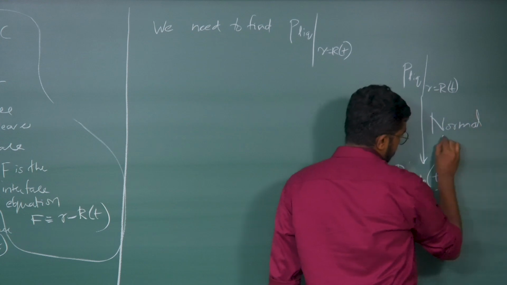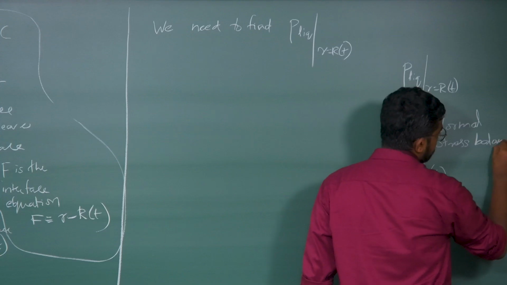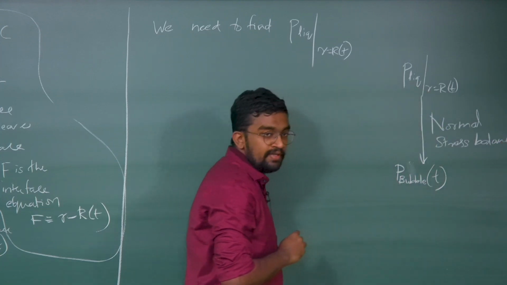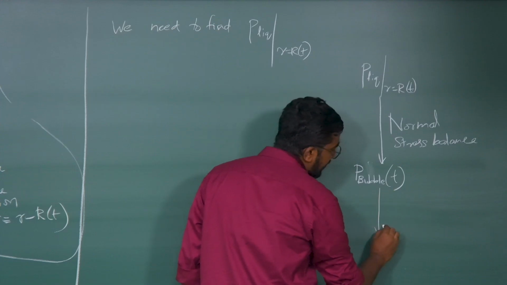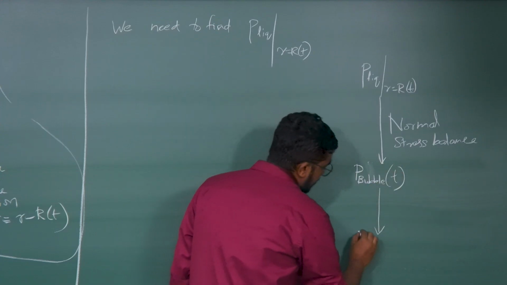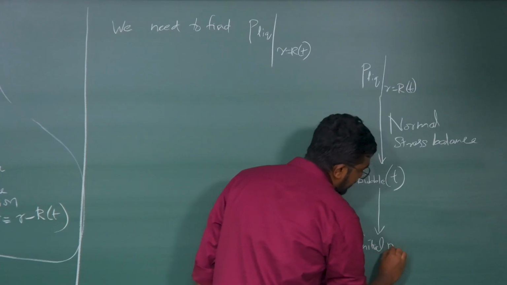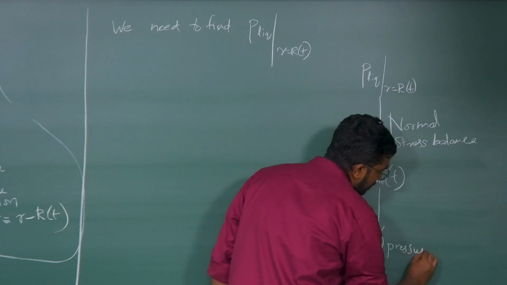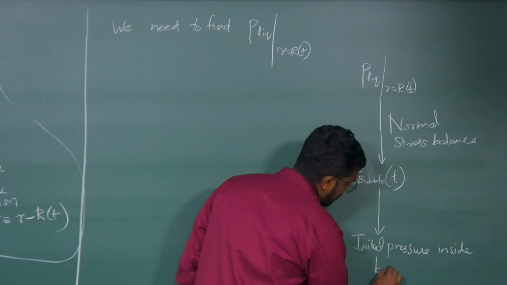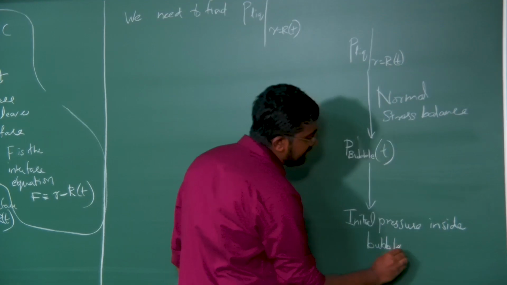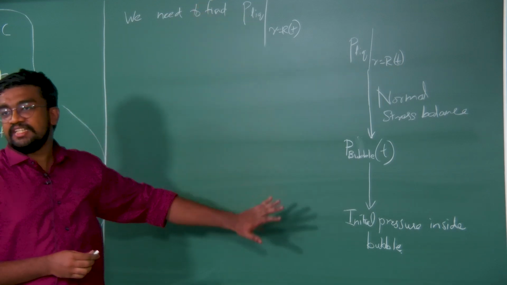Then we will find this pressure inside the bubble at any given time using the initial pressure inside the bubble. To link both of these, we assume that the process is isothermal.